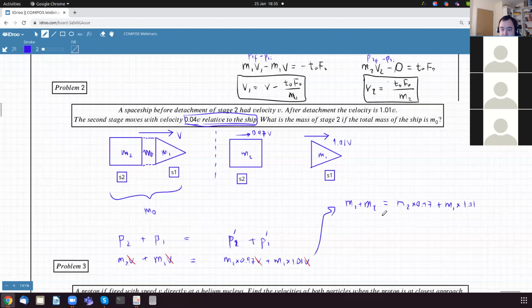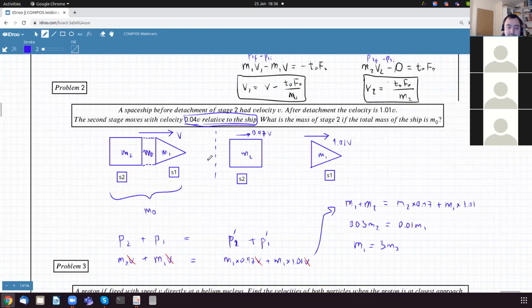Okay, and from here, I take this to the left, I take this to the right. I get 0.03 m2 equals 0.01 m1. In other words, m1 is equal to 3m2. So the first stage is 3 times heavier than the second stage.